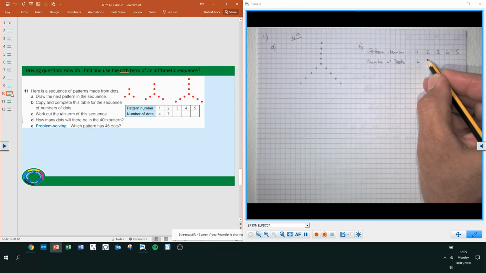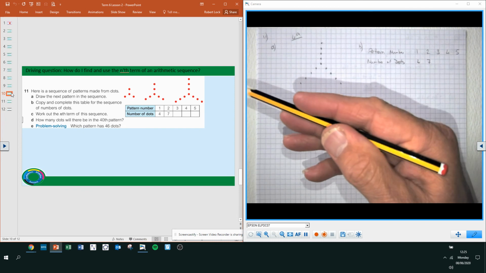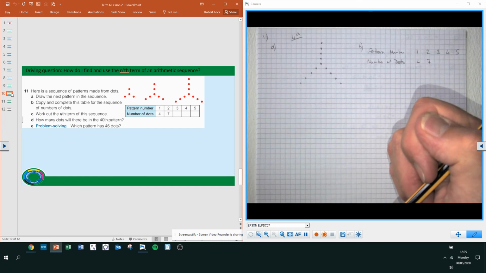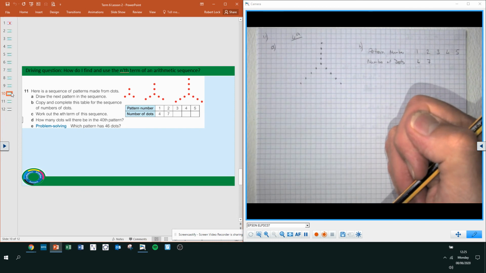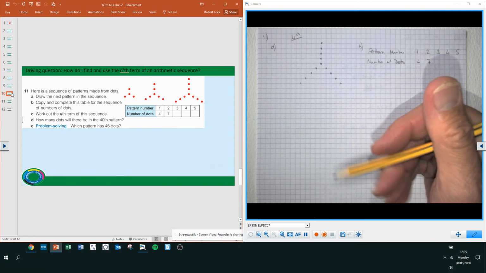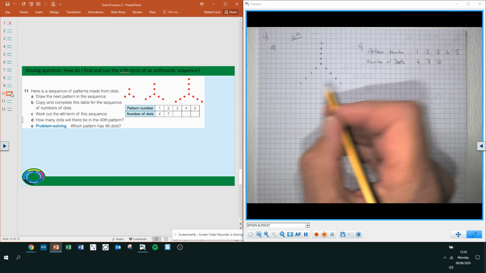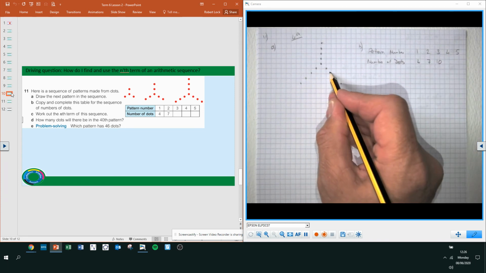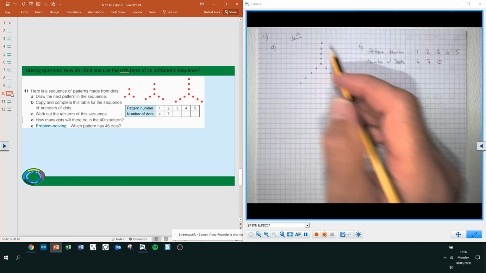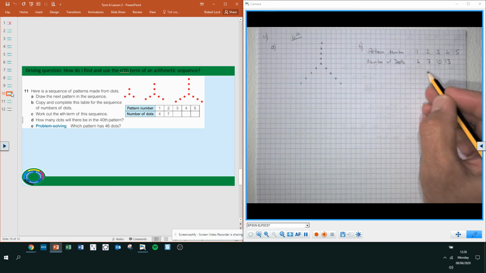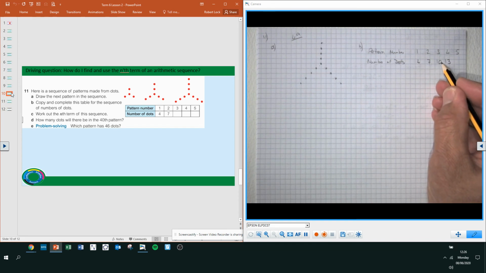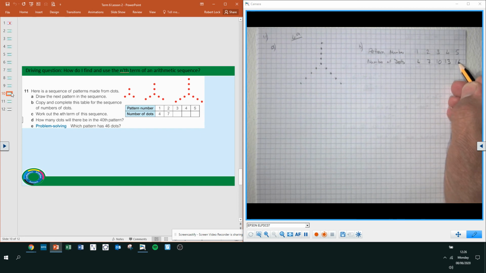Second one, 7. Third one is over there: 1, 2, 3, 4, 5, 6, 7, 8, 9, 10. Fourth one, 1, 2, 3, 4, 5, 6, 7, 8, 9, 10, 11, 12, 13. We notice here that the difference is 3, so the next one should be 16.